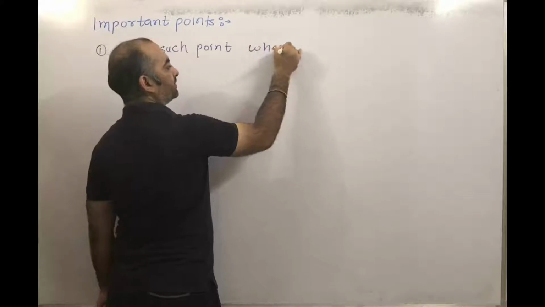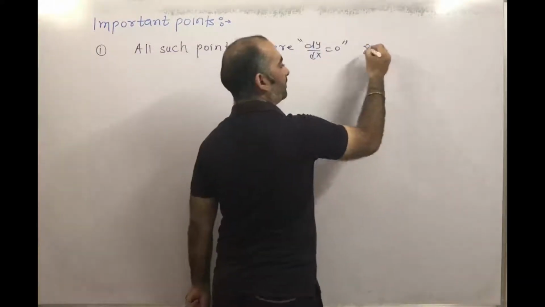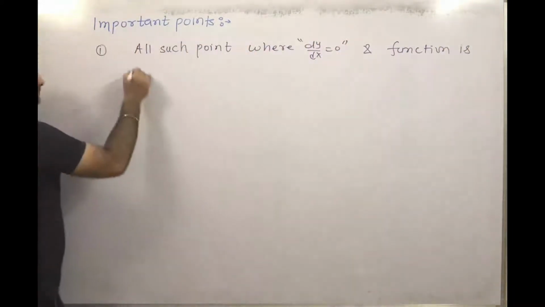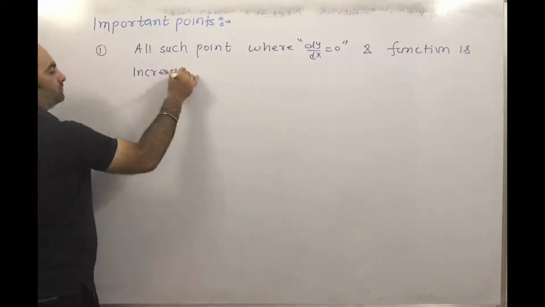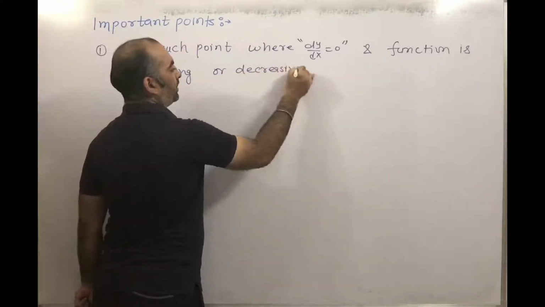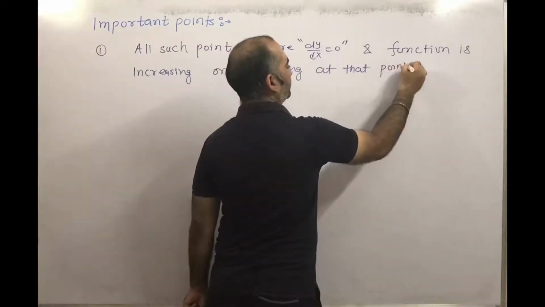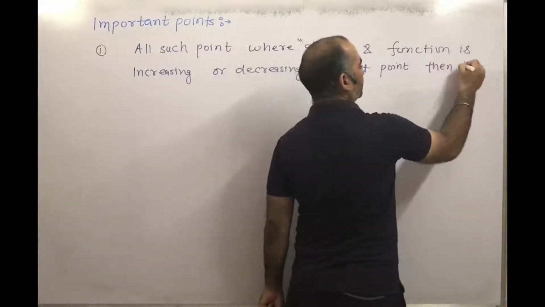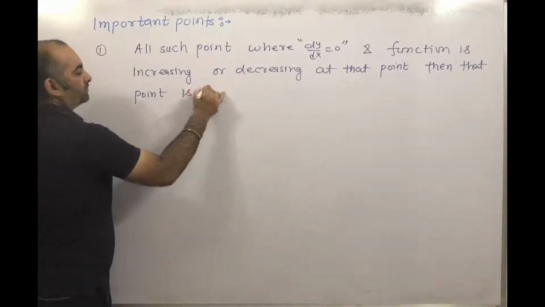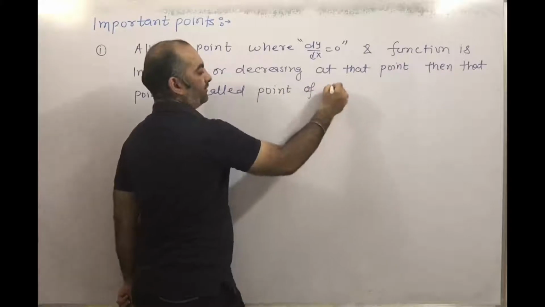All such points where dy by dx equal to 0 and function is increasing or decreasing at that point, then that point is called point of inflection.